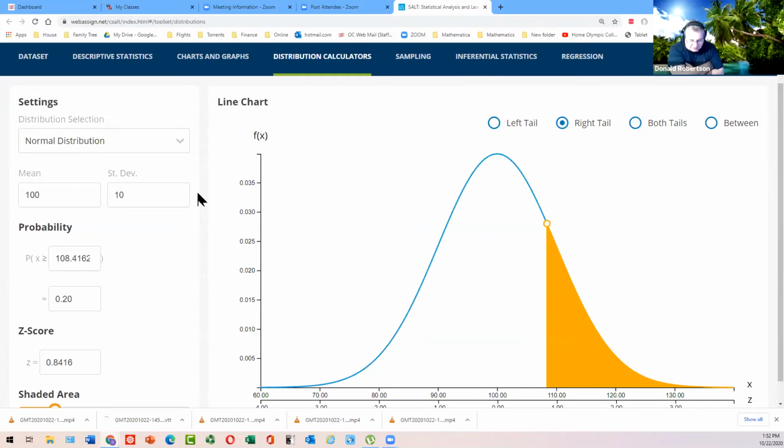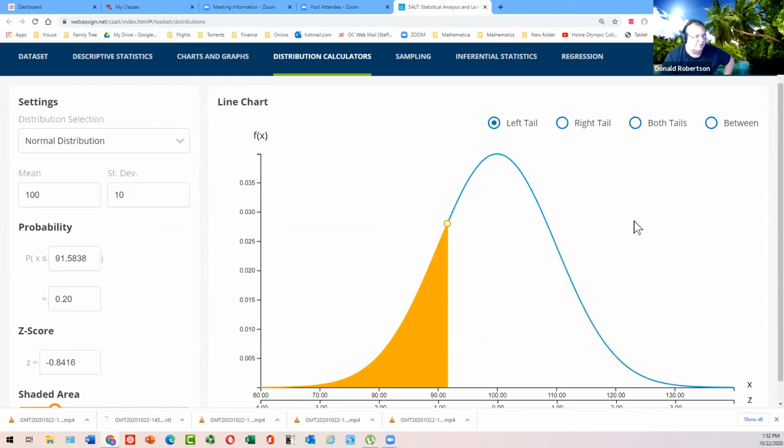So can you imagine then that we can find what IQ score puts you in the top 10%? Could I find the IQ score that would put me in the bottom 5%, right? The lowest 5% of IQ. You can't see me drawing this, but I'm actually drawing a little picture and I'm putting 5% in. Well, let's see what I would need to change. If I'm talking about the bottom 5%, don't I have to hit the left button? Right, because it's over here.